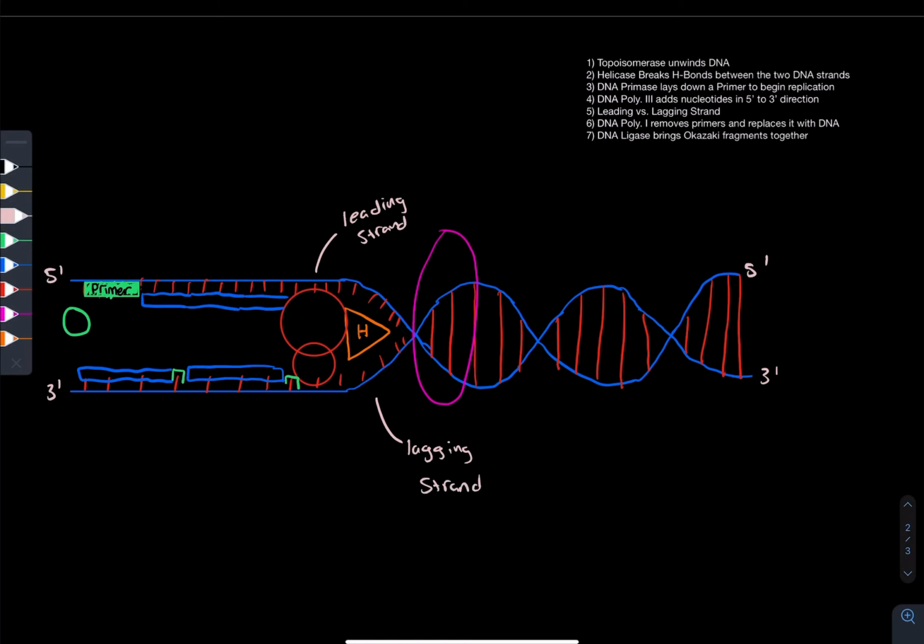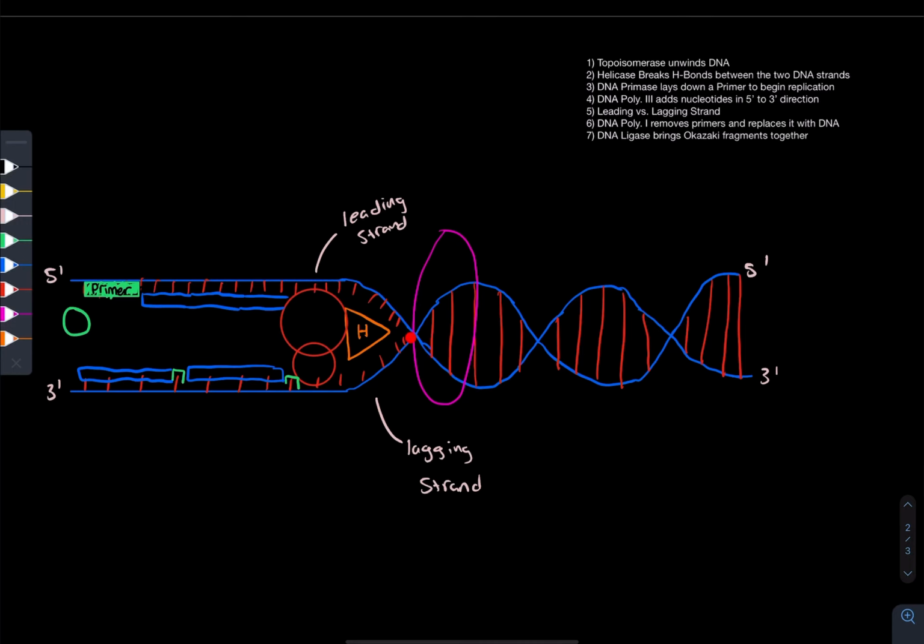And that's simply because of the basic concept that DNA polymerase 3 adds nucleotides only in the 5' to 3' direction. So because it adds it only in the 5' to 3' direction, and because DNA molecules are anti-parallel, this strand is going to have to go in this direction, which means as this breaks more bonds, it's going to have to start right here, move along.